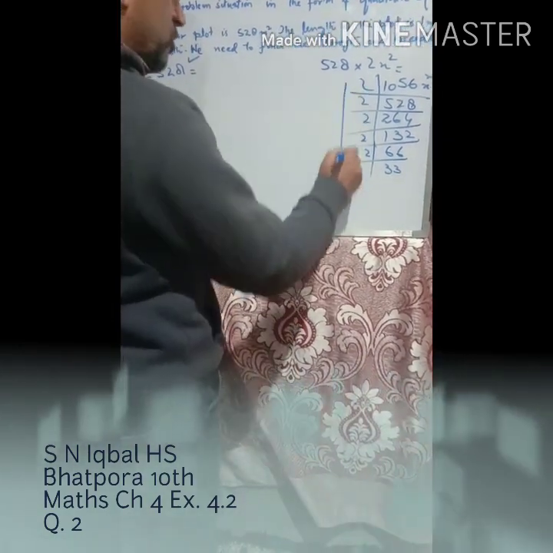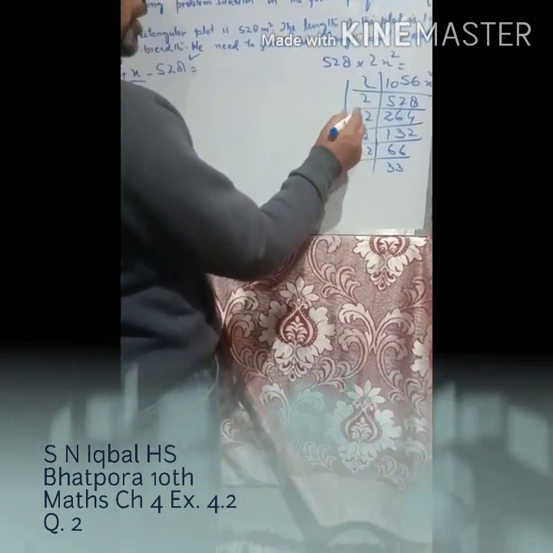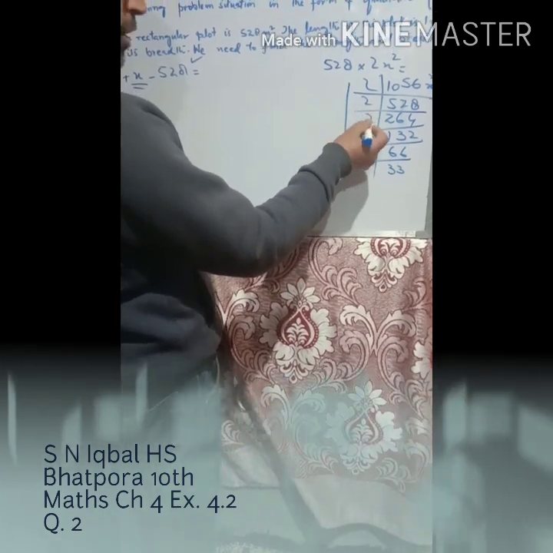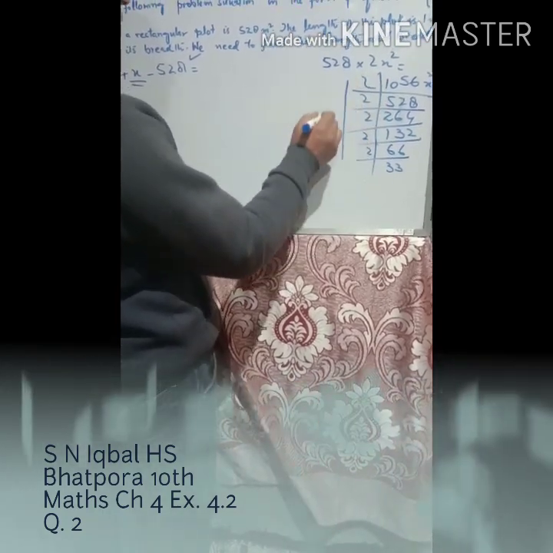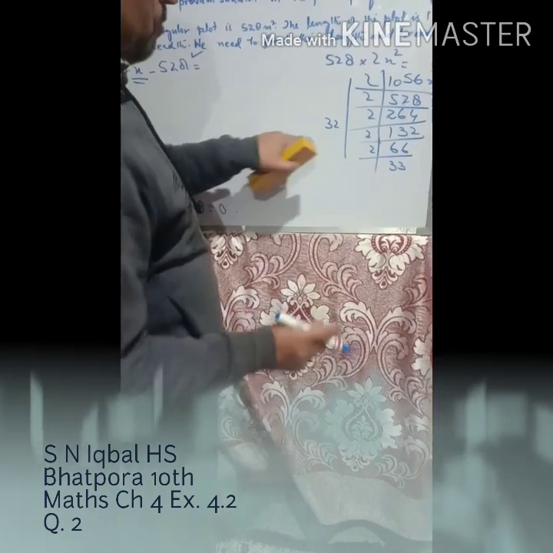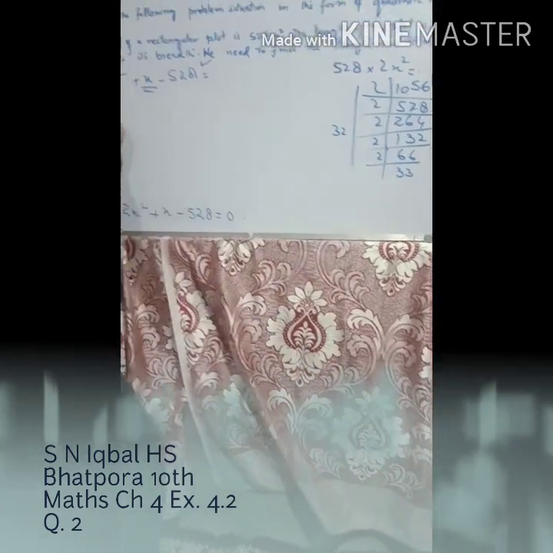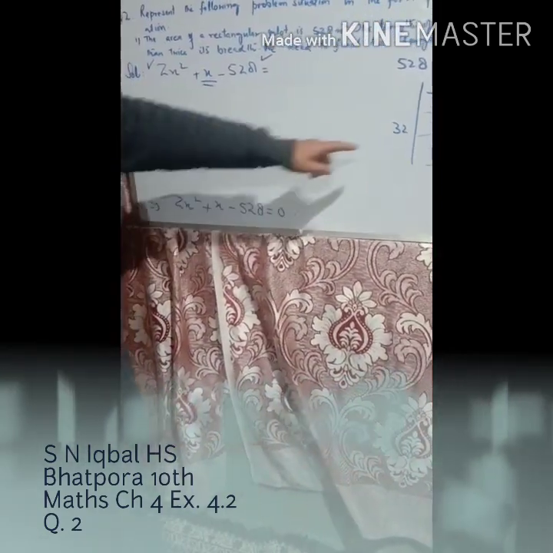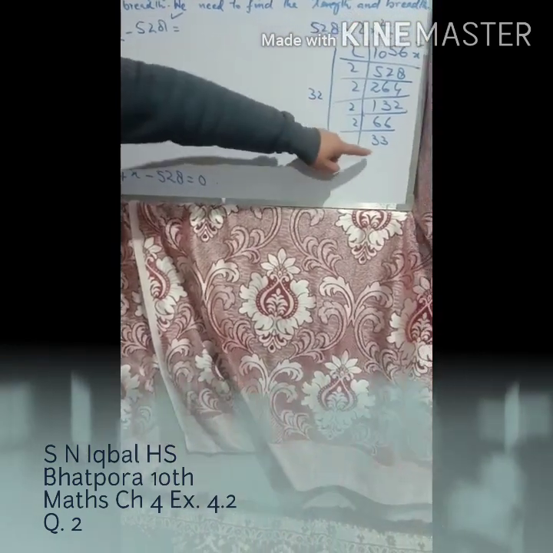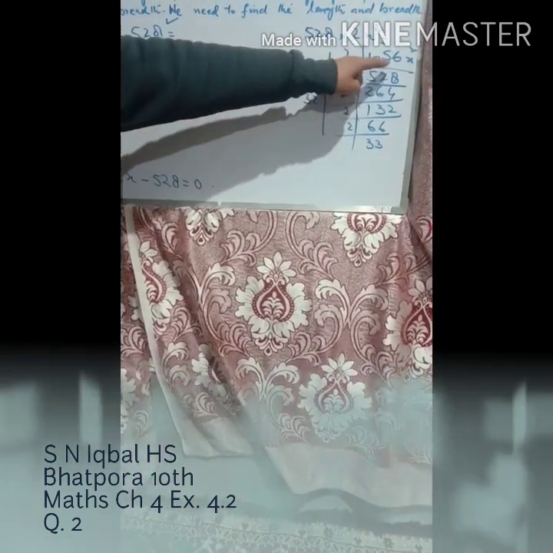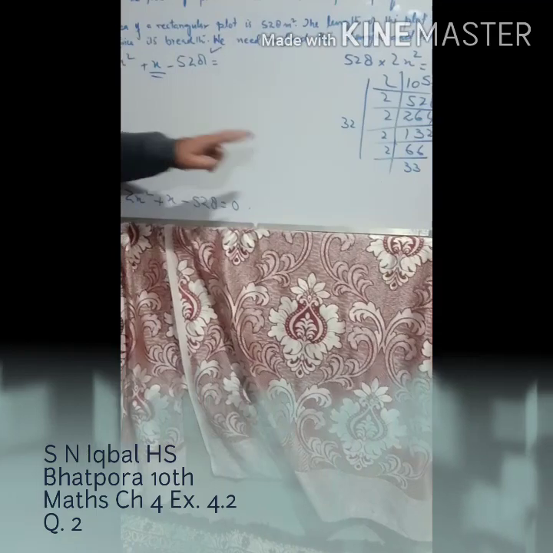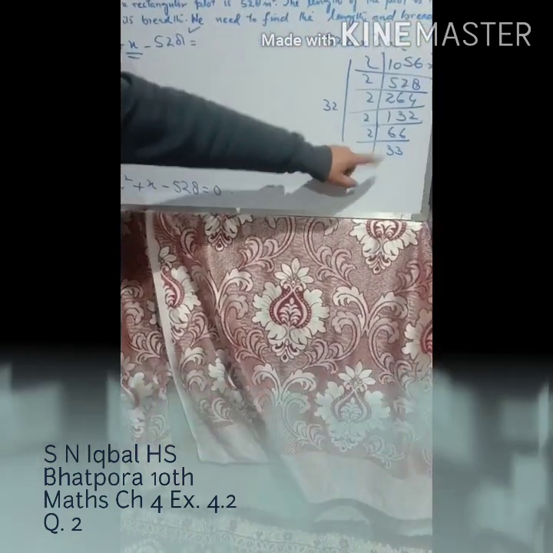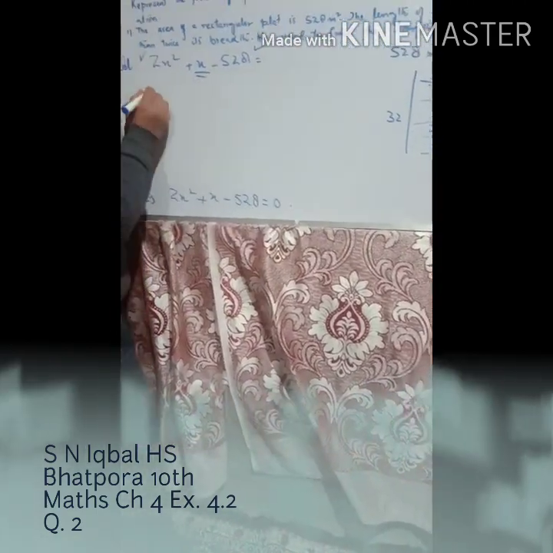In this manner, we see 2 2s are 4, 4 2s are 8, 8 2s are 16, 16 2s are 32. We get two terms here, 32 and 33. If we multiply 32 with 33, we get 1056. And if we subtract 32 from 33, we get 1.